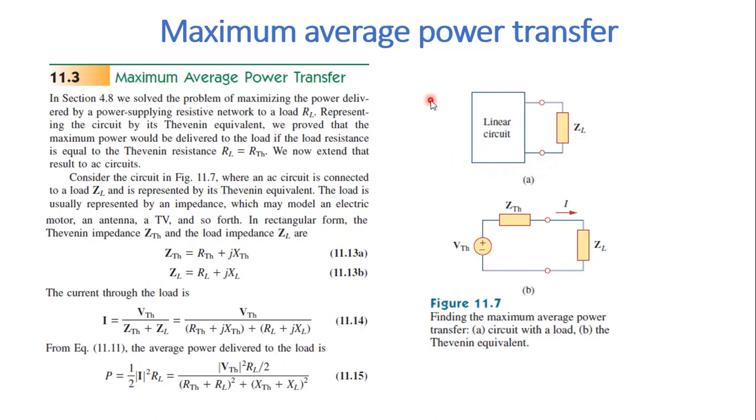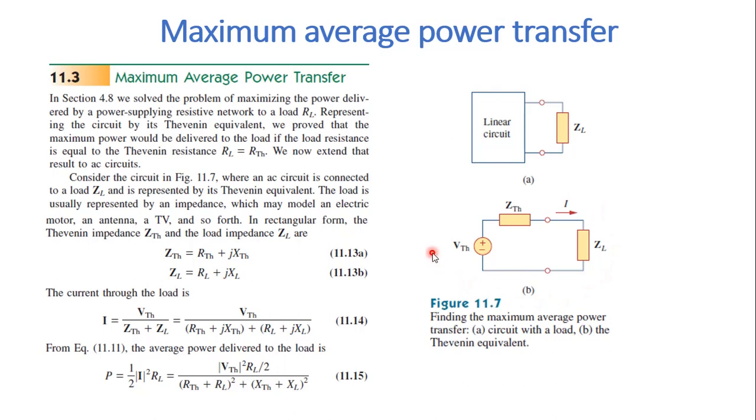So here we have a linear circuit. Now we are going to derive a condition again for when maximum power will get transferred from source to load. This is the other circuit.